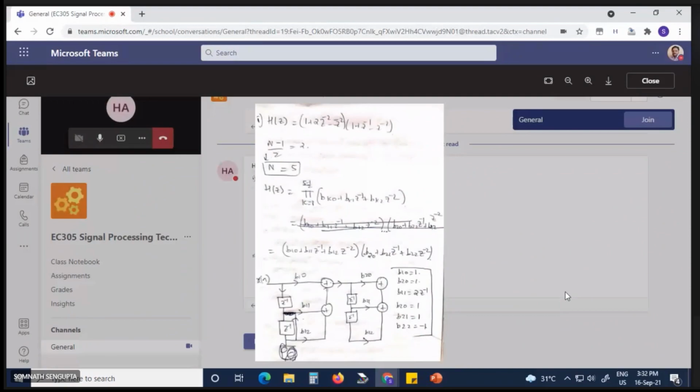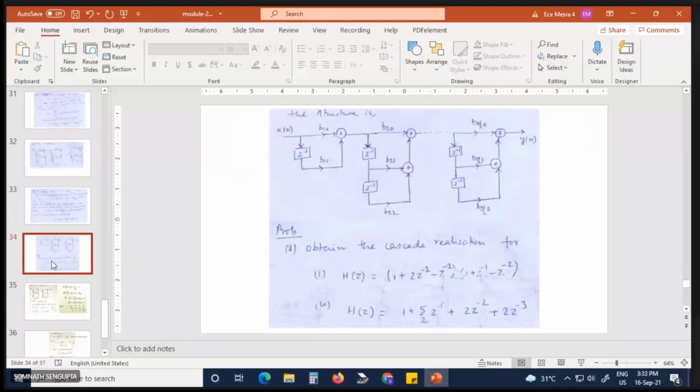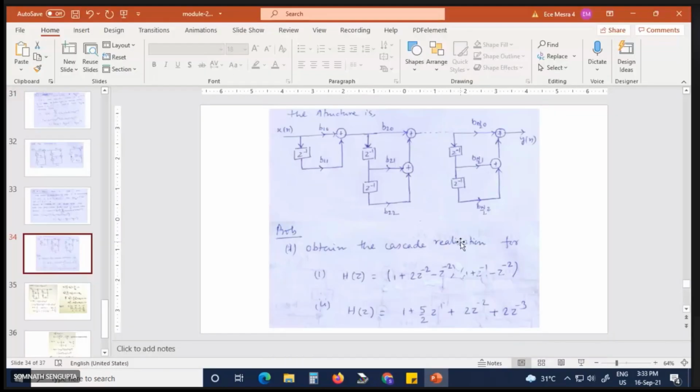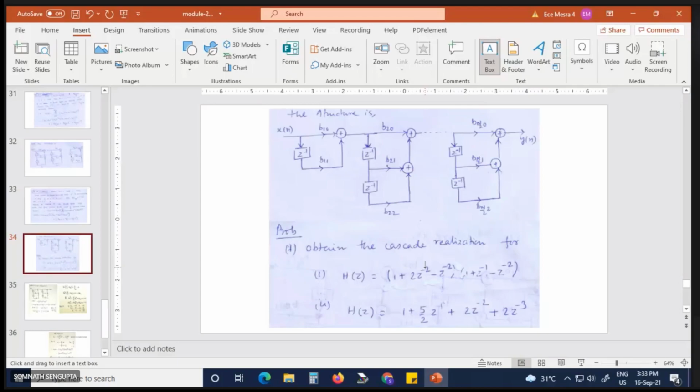Once again, what you have written in the question, what is it? In the question it is 1, 2, minus 1. Here the second term is z inverse, 1 plus 2z inverse. Is there some problem in the question itself? Actually it is not z to the power minus 2, it is minus 1.